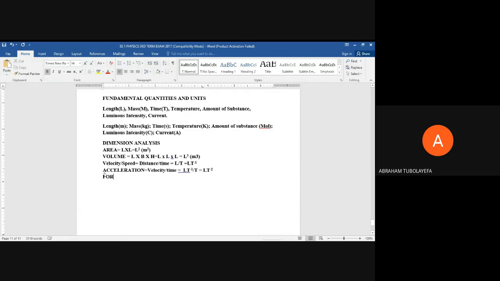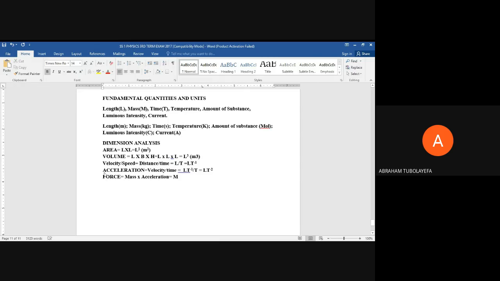Okay, let's speak on another unit: force. What's the formula for force? Formula for force is mass times acceleration. Mass is measured in M, right?